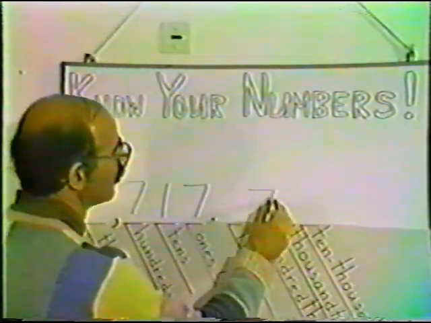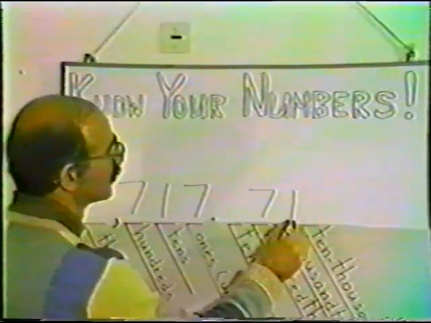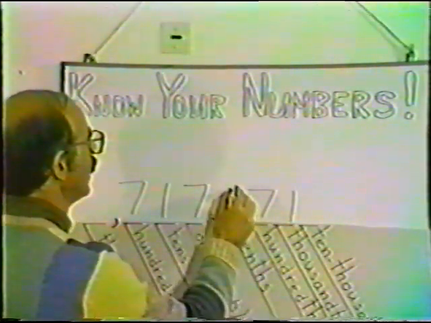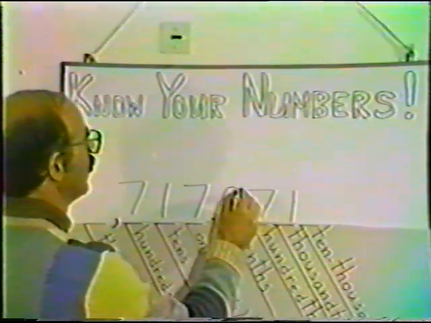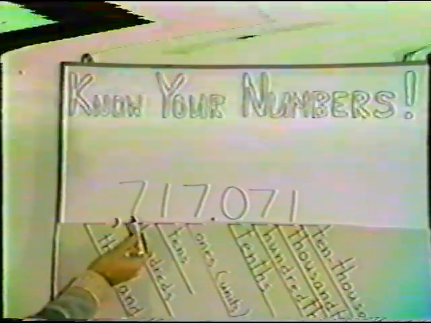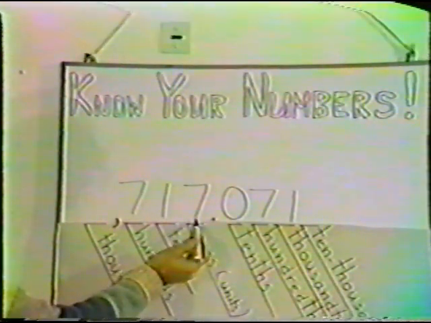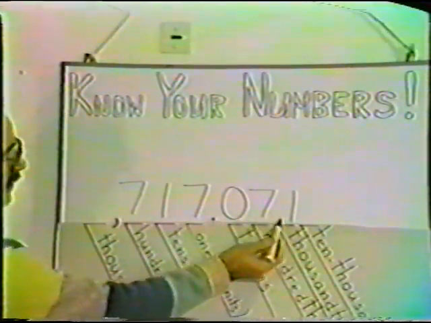We'll have to put it there so that it ends in the thousandths place and fill the empty place. Now let's read it back for ourselves. 717 and 71 thousandths. Very good.